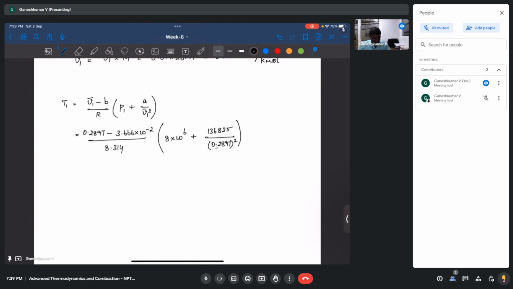This part is into 136825 divided by 0.289 into 10 power 6, multiplied by 0.0304.